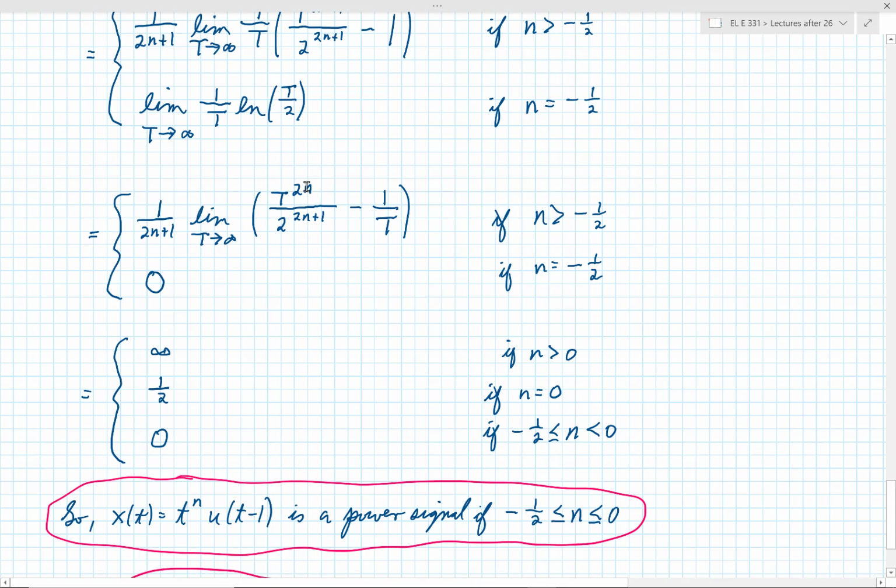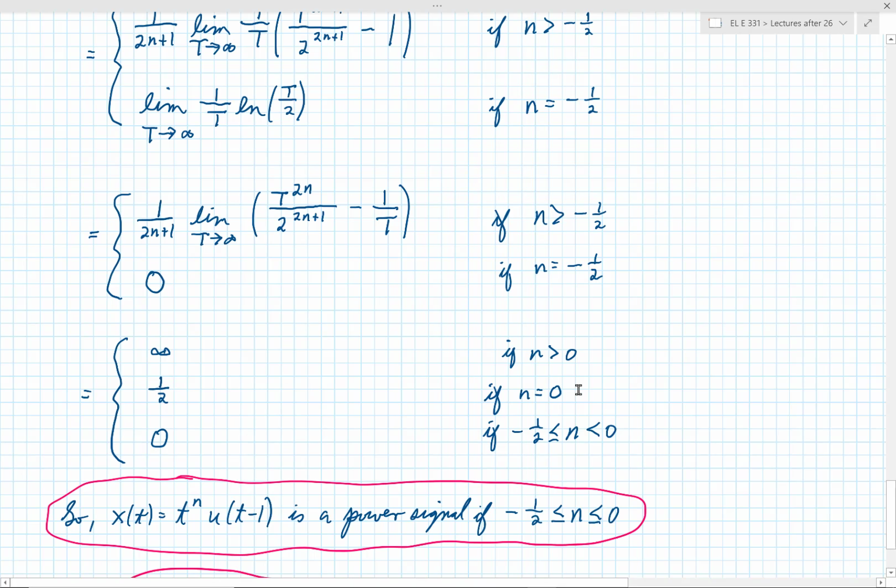And if n is equal to 0, then this would just become 1. And then down here we have a 0, so that would be 1/2. And if n is equal to 0 out here, that's just 1, so 1 times 1/2 is 1/2.